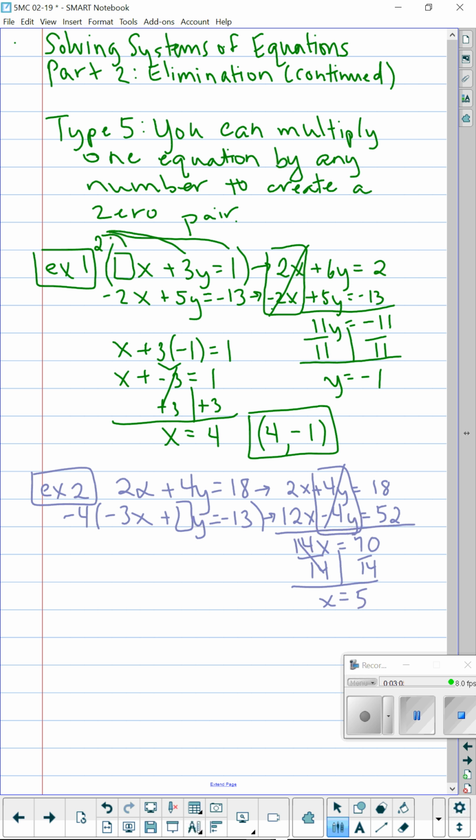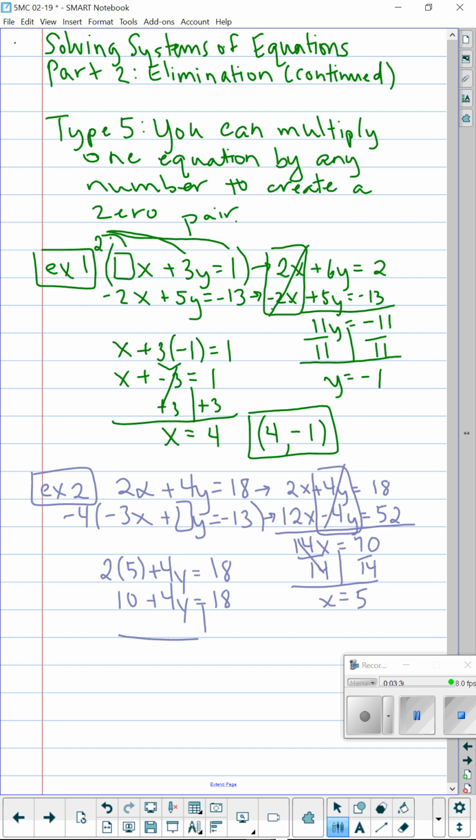So now I have to take that 5 and plug it into one of those equations up there. This time I think I'll do the first equation. So it was 2x, so now it becomes 2 times 5 plus 4y equals 18. And then 2 times 5 is 10, plus 4y equals 18.